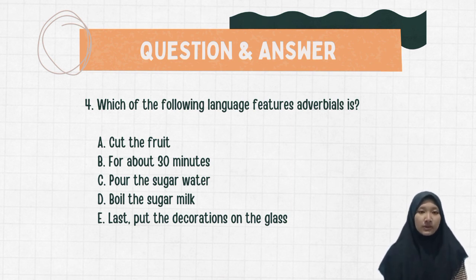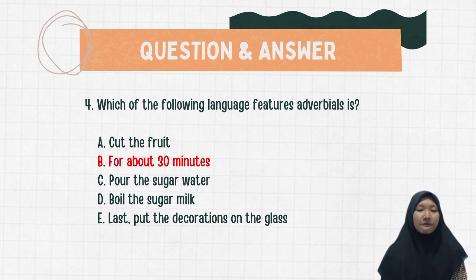Option D is totally wrong because what is boiling is sugar water, not sugar milk, and this is included in the command or imperative sentence, not adverbials. Option E is the wrong option because put the decoration on the glass is a command or imperative sentence. So the right option is B, for about 30 minutes.